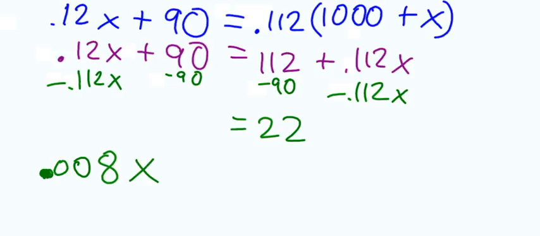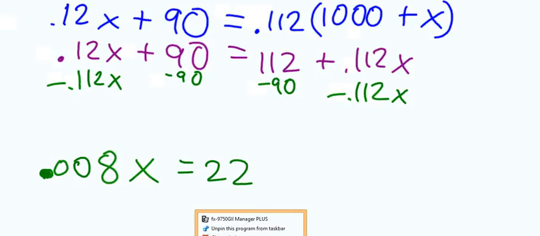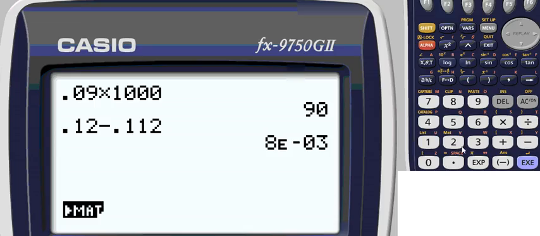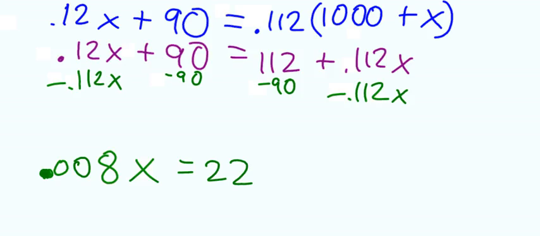X equals 22. So 22 divided by 0.008, that'll be our answer. 2,750.